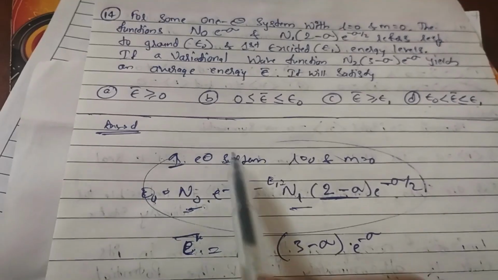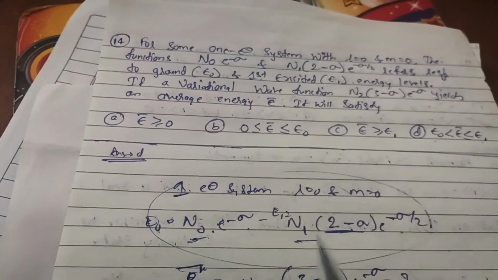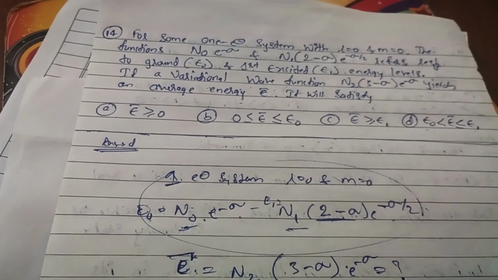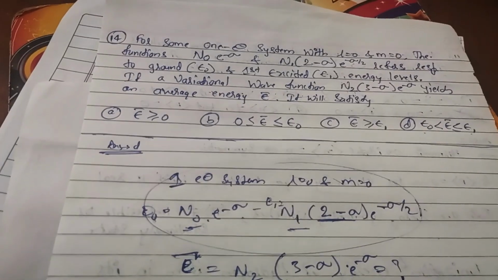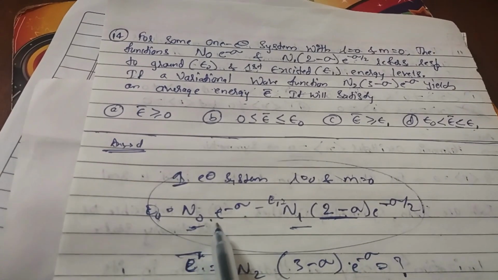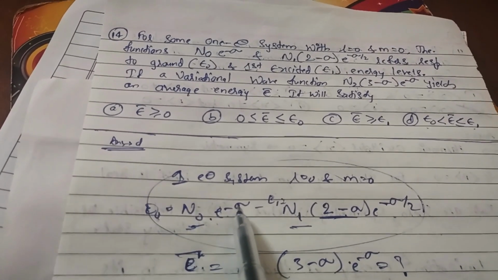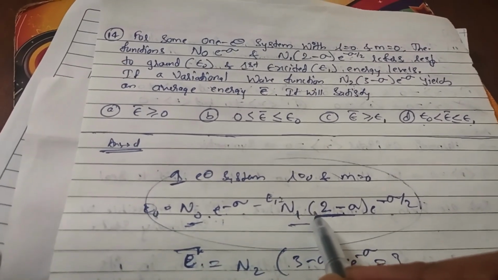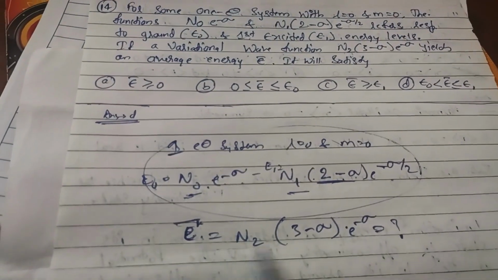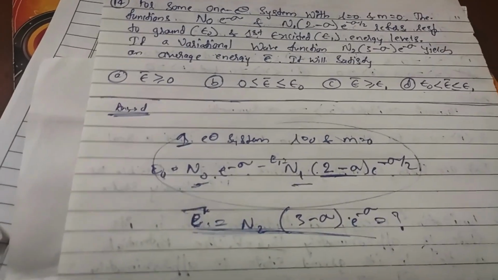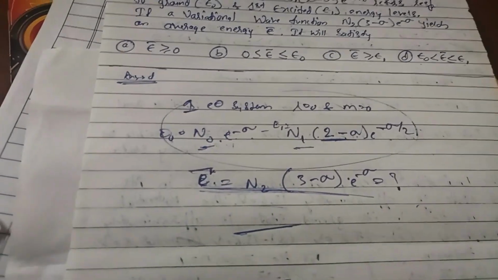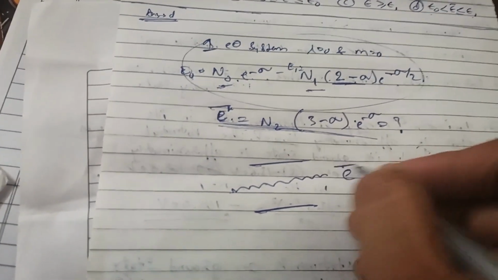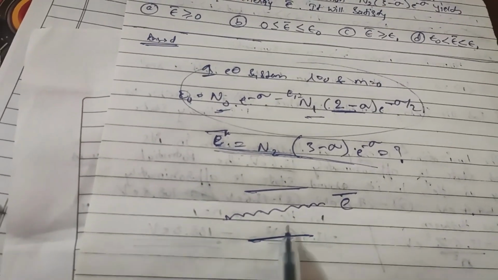This is given, and they are asking about it only for the one electron system, with L equal to 0 and M equal to 0. The function N naught e raised to minus alpha is for the ground state, and the other is for the excited state, and between these two this energy is there. For a simplified method, I brought this.